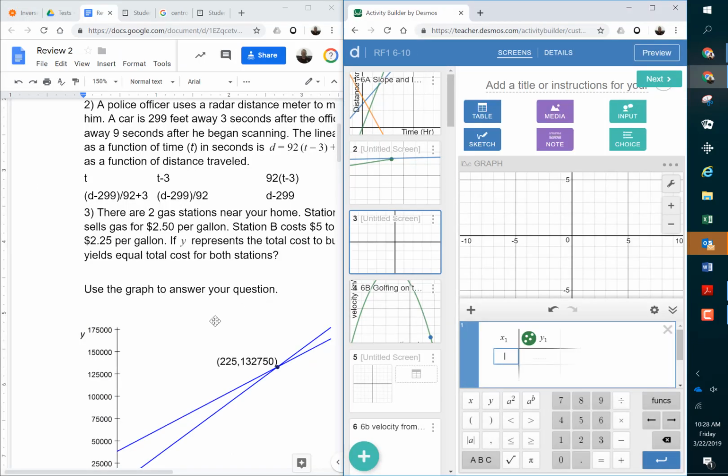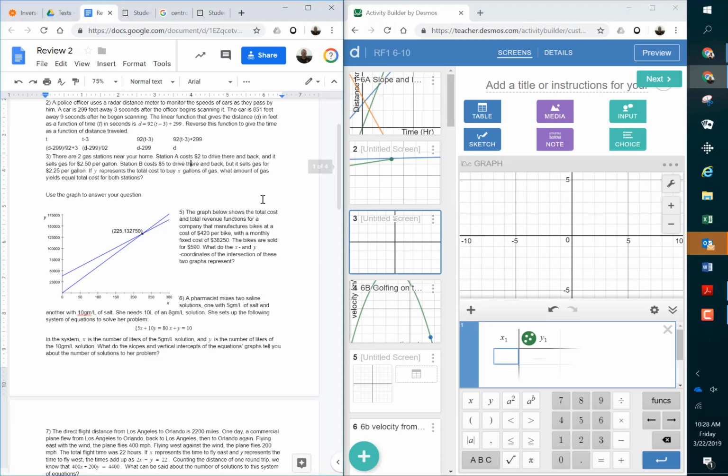Okay, in the first case, we're doing 0 gallons. 0 gallons costs you $2, and it sells gas for $2.50 a gallon.